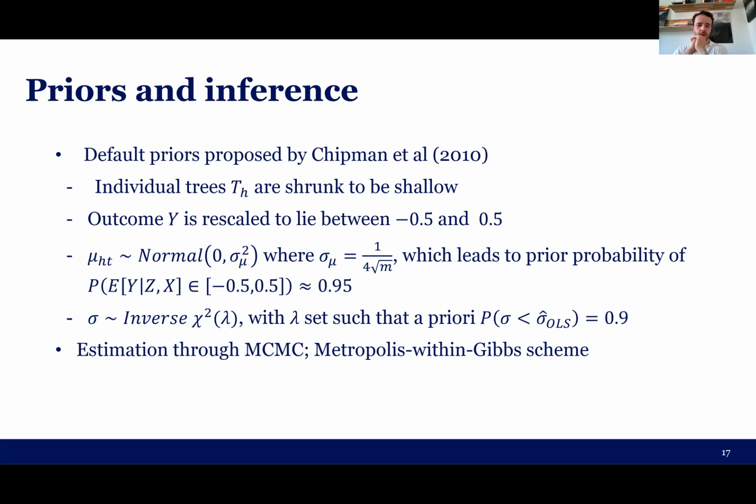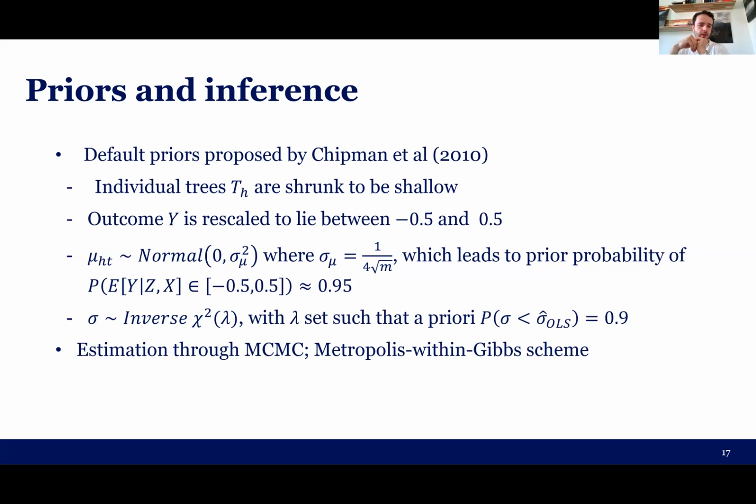I will not discuss that prior in detail because it's a bit complicated, but I'll provide all the references at the end, so anyone who wants to read about that can do it. The most important thing is that thanks to this prior, each individual tree will typically be quite small and provide a very, very rough fit to the regression function, so to speak.